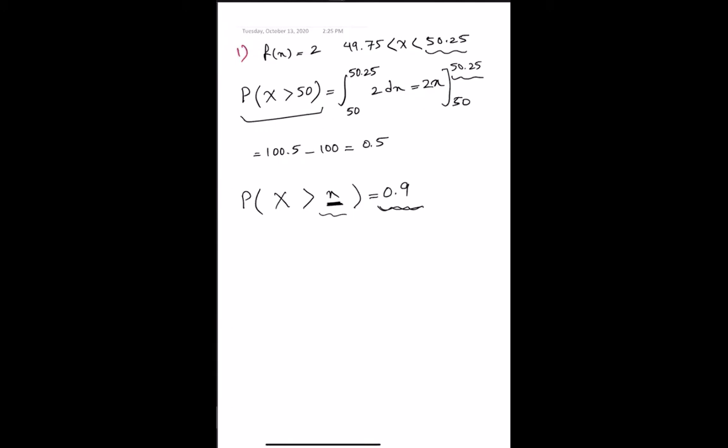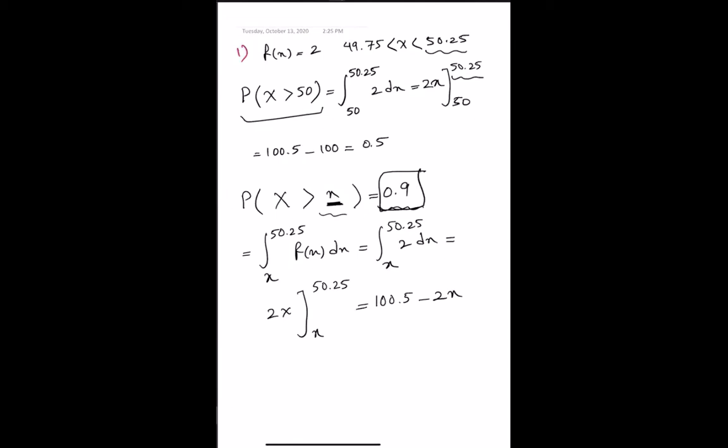So if you want to calculate this probability, it's going to be the integral from x to the upper bound, which is 50.25, of f of x dx. f of x is 2, and that's going to be 2x from x to 50.25, which is 100.5 minus 2x, and as we said, this probability is supposed to be 0.9.